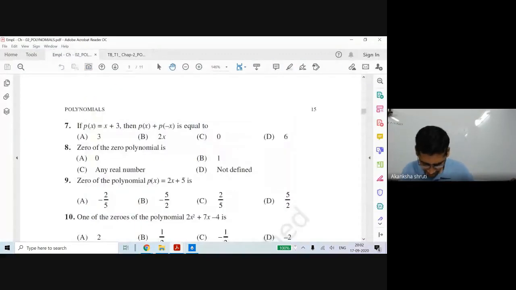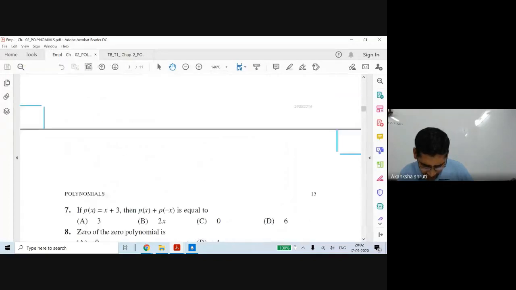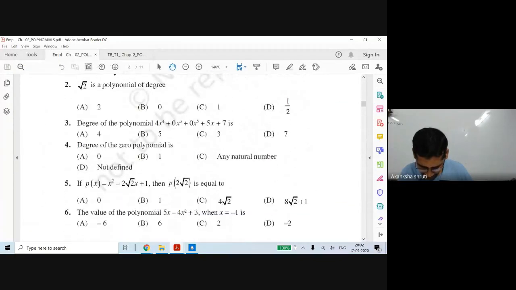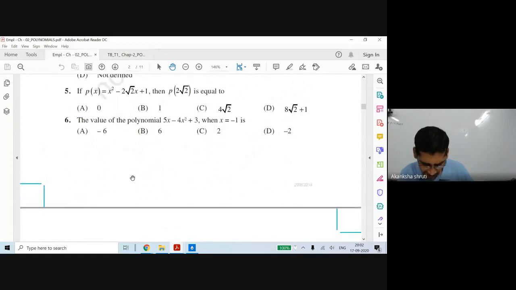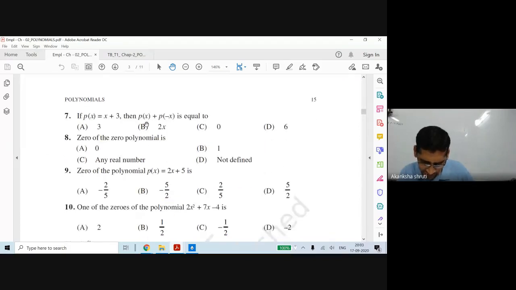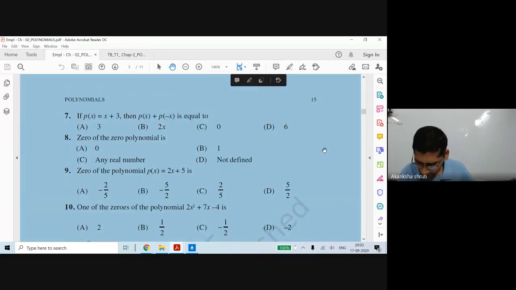Students, this is your exemplar book. So zeros, question number 1 to 4, I think we have already done. I have already given the assignment. So now you can do question number 5. P of x is this one, then you have to calculate this value. 5, 6 you can do for x equals to 1. 7 you can also do. So once x and minus x you have to substitute and do it. If you could not do this 7, I will solve it tomorrow.